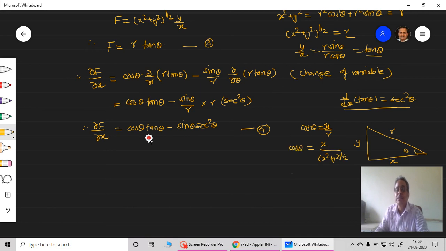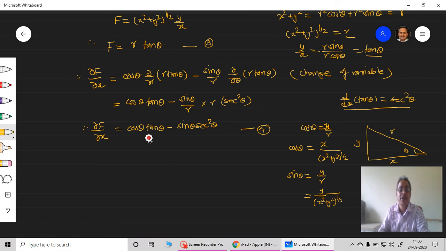Sin theta is y upon r. So here also this can be written as y upon (x square plus y square) raised to half. One more thing: already we have seen that tan theta is y upon x.